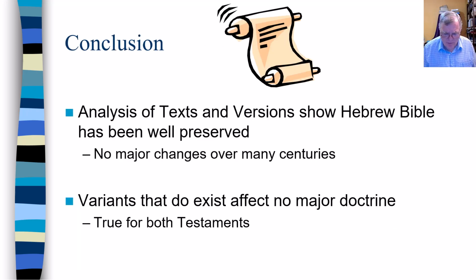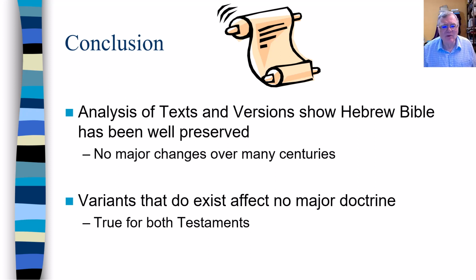So, in summary, the analysis of the texts and the versions shows that the Hebrew Bible has been well preserved. The Masoretic tradition, which is what everyone uses, is clearly the best tradition, and we can check it with the Samaritan Pentateuch. We can check it with the Dead Sea Scrolls. The versions come into play too, especially the Septuagint and the Vulgate and the Syriac and the Targums.